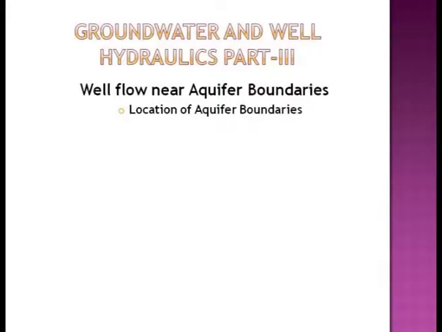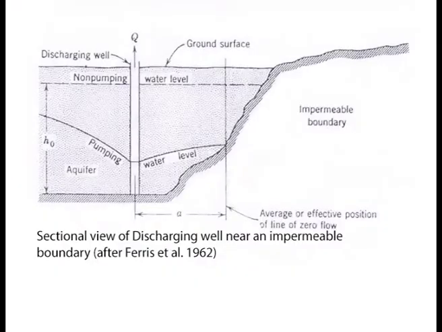So this is about well flow near the other boundaries. The third point is how will you locate these boundaries if they are underground? If they are visible, there is no problem of location.